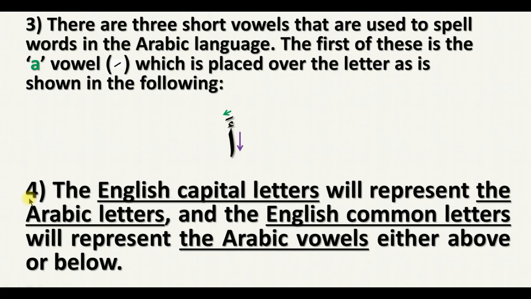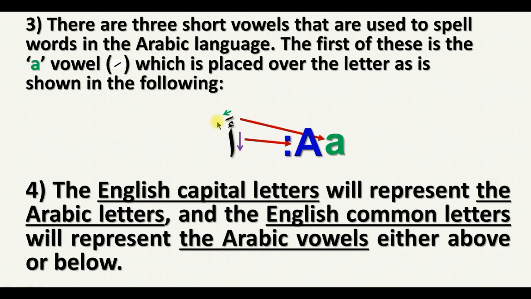For number 4, the English capital letters will represent the Arabic letters, and the English common letters will represent the Arabic vowels either above or below. Here you have the English capital letter A, and it represents the Arabic letter A. And here you have the English common letter A, and it represents the A vowel above.